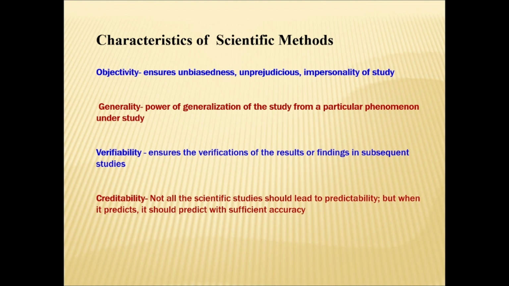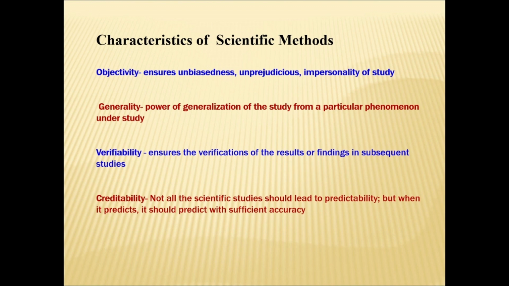Then credibility. Sometimes we go for a particular experiment, and if you repeat it under different conditions and situations and the result is not okay, there will be doubt about whether that experiment was correct, or whether something was lacking or problematic. That shows credibility must be there.